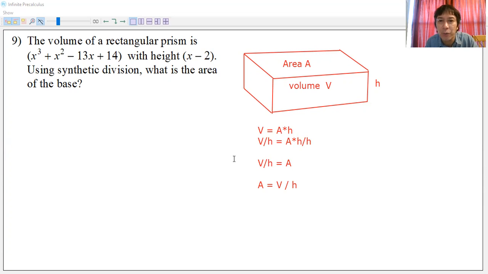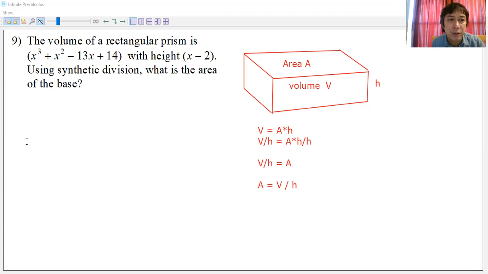And so when we do the solution, we will make use of the volume. We will divide that by the height, exactly what we have here. It's expressed in a polynomial x cubed plus x squared minus 13x plus 14.